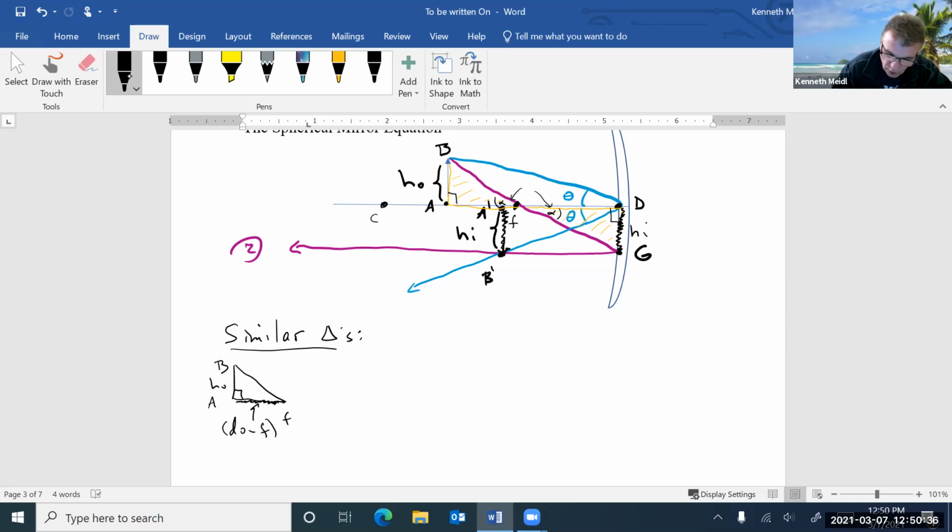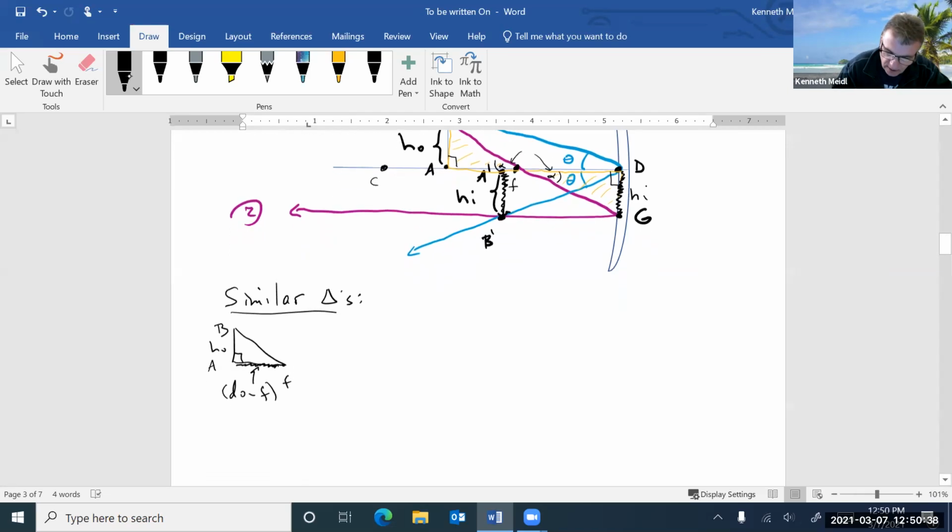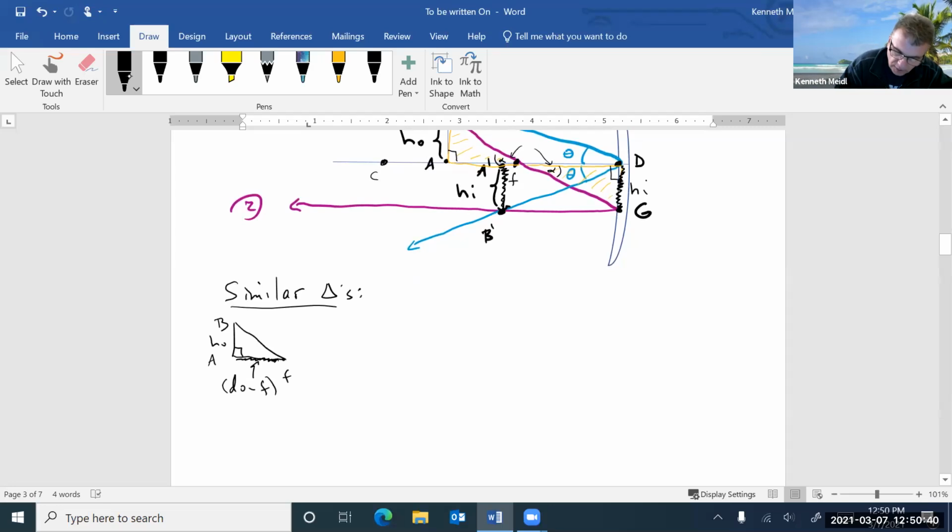Okay, so I've got that triangle, and then the other triangle I'm looking at has point D. I'm going to turn it right side up to point G, and then it goes out to point F. And it's got this right angle right here.